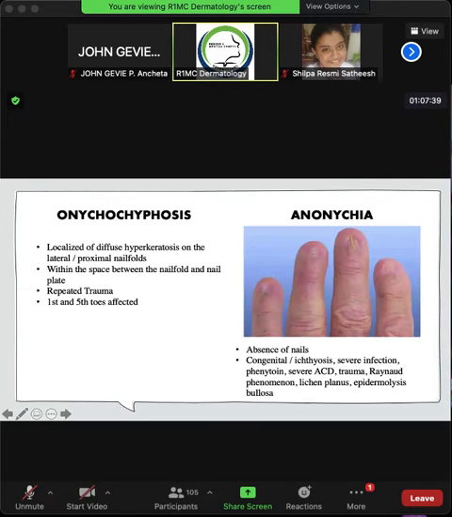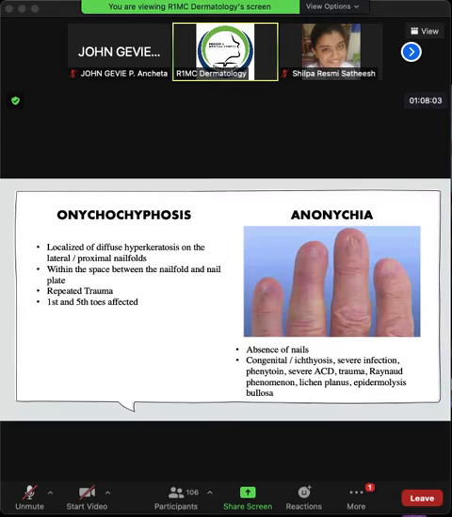Next is your anonychia, which is absence of the nails, and this is a rare anomaly and may be the result of a congenital ectodermal defect or ichthyosis or your severe infection, prenatal phenytoin exposure, severe allergic contact dermatitis, and self-inflicted trauma.